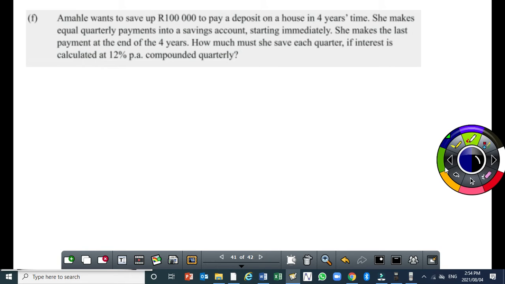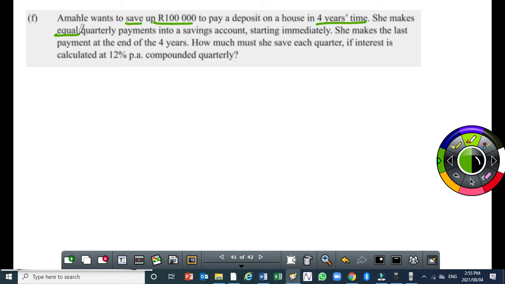So we have our F here, right? The word save here can be a clue that we are dealing with a future value annuity. So our time period in terms of years, that's 4 years. She makes equal, that word equal is a key word in terms of knowing whether it's an annuity or not.